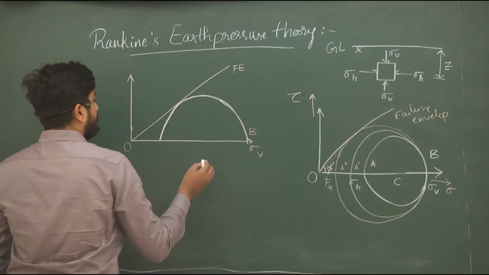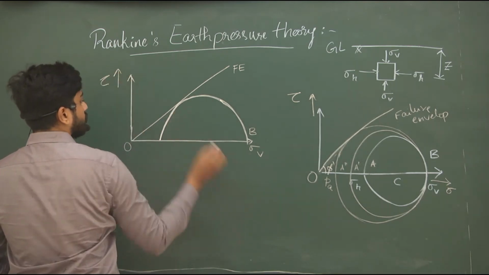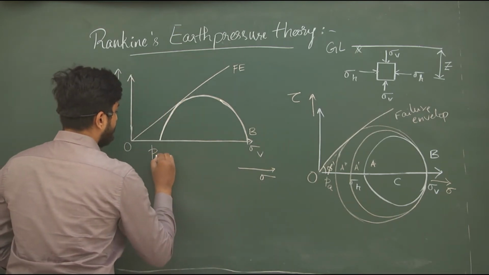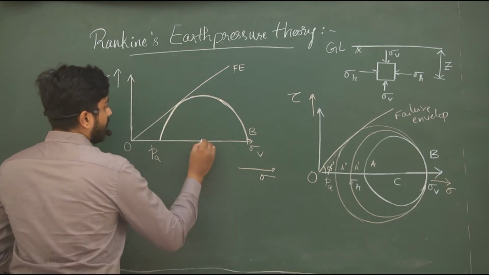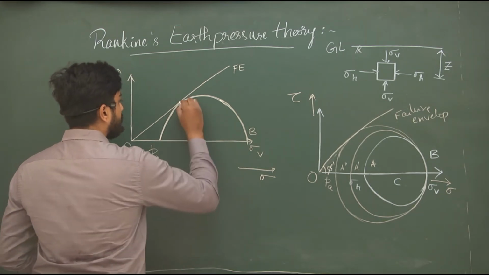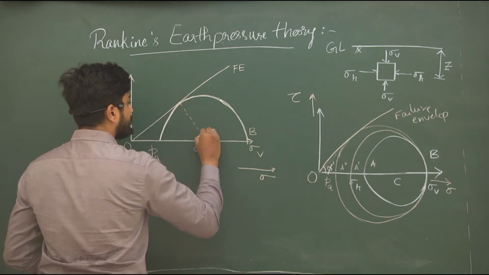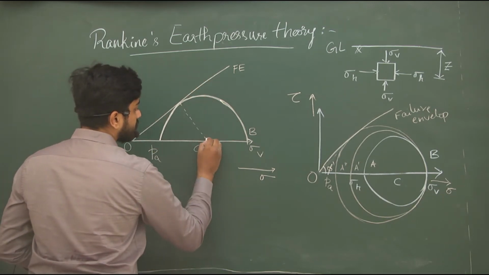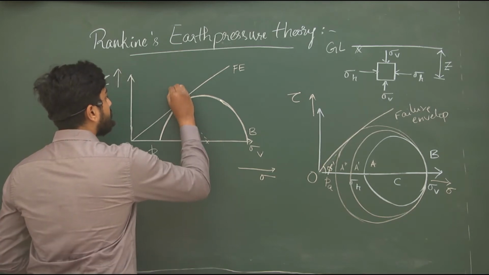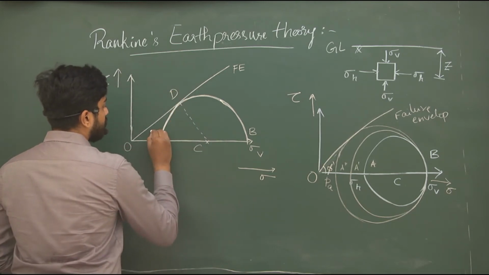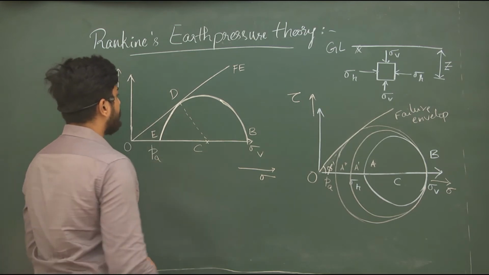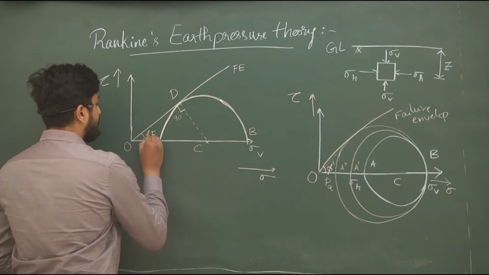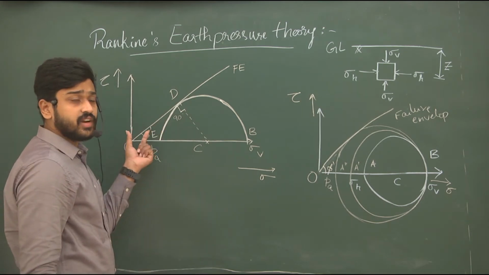Let this be some Pa. Let C be the center, and since this is exactly perpendicular to this failure envelope, let this point be C and this point be D. Let us denote this point as E. So this is 90 degrees and this angle is phi dash.